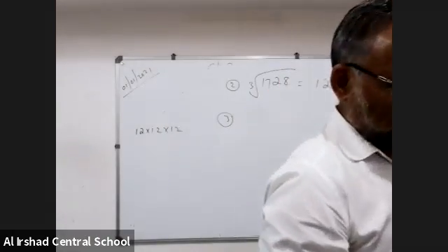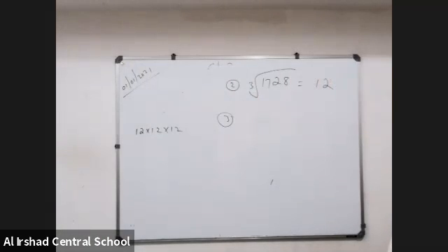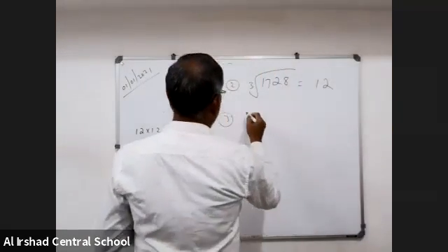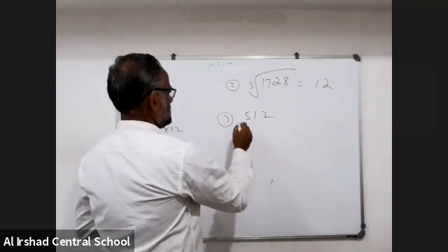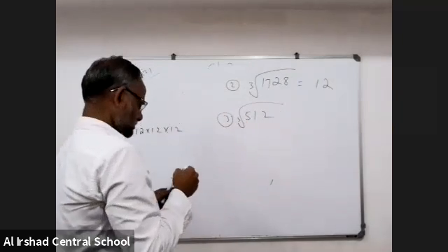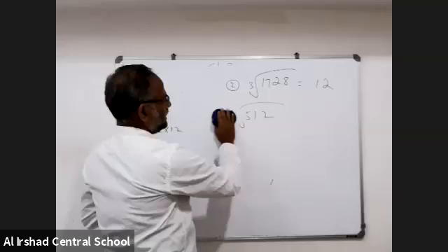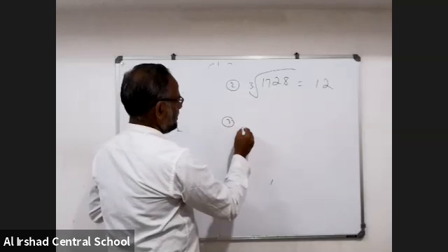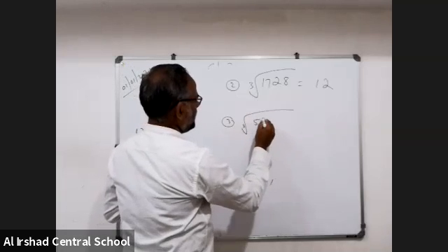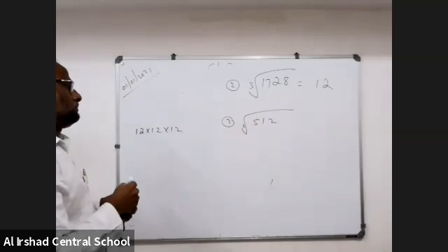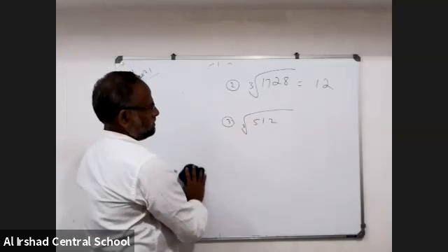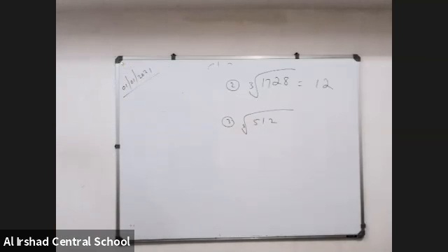One simple question is there. Find out the cube root of 512. Third question, 512. Cube root of 512. 3 times we need. 512.